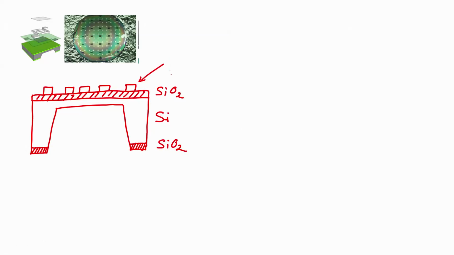These are heater contacts here and here, these both are heater contacts. Okay. So, what we have right now? We have silicon dioxide which is grown by plasma enhanced chemical vapor deposition.